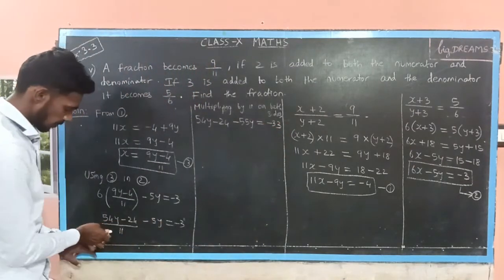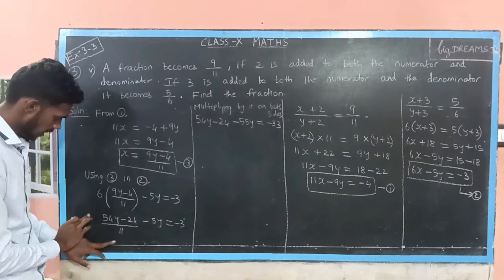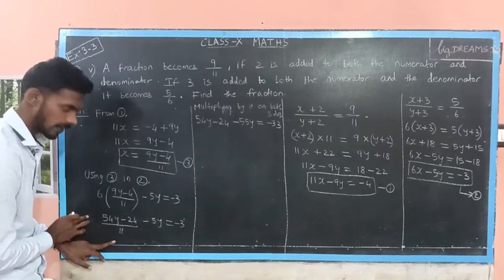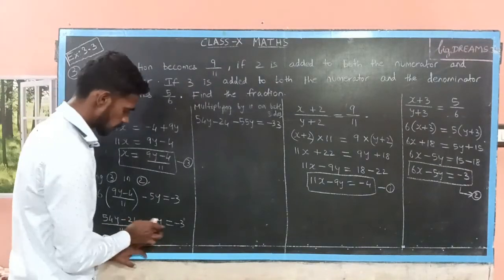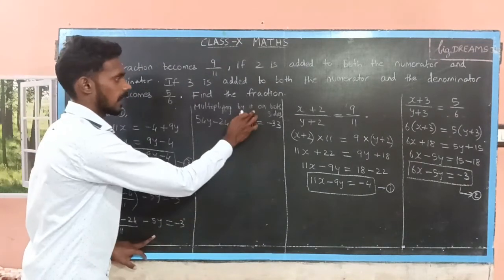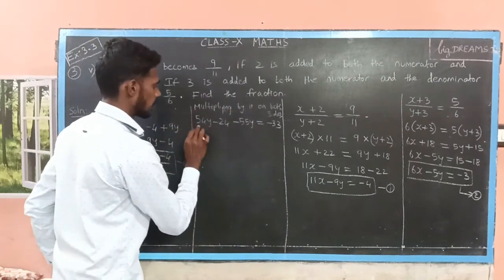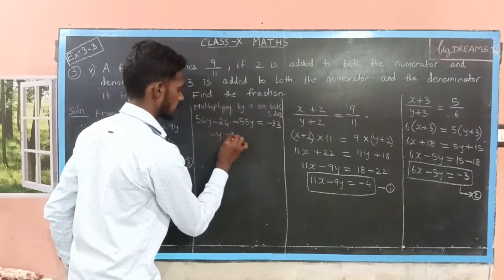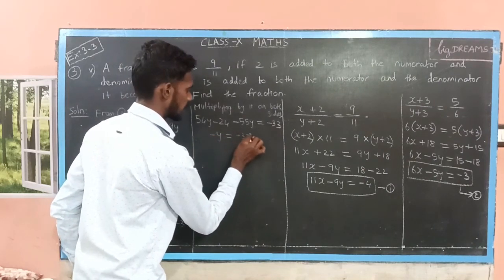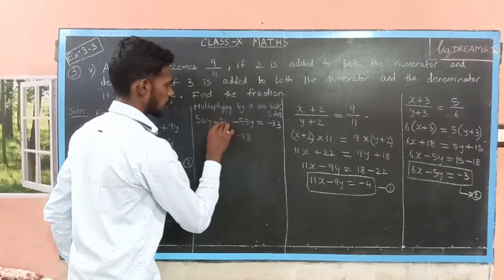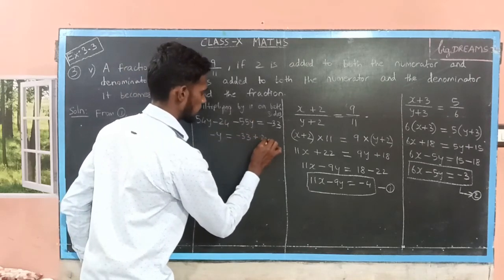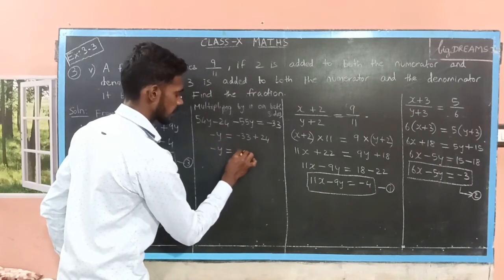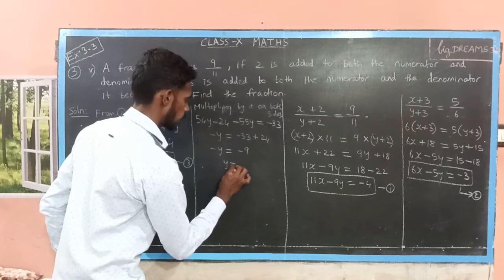In this term the 11 will be cancelled, because 11 into 54y minus 24 by 11, this 11 and this 11 will be cancelled. So these terms alone will be multiplied by the 11. Now here 54y minus 55y becomes minus y, and minus 24 taken to the right side becomes plus 24, so minus y is equal to minus 33 plus 24, that is minus 9. So minus y is equal to minus 9, y is equal to 9.